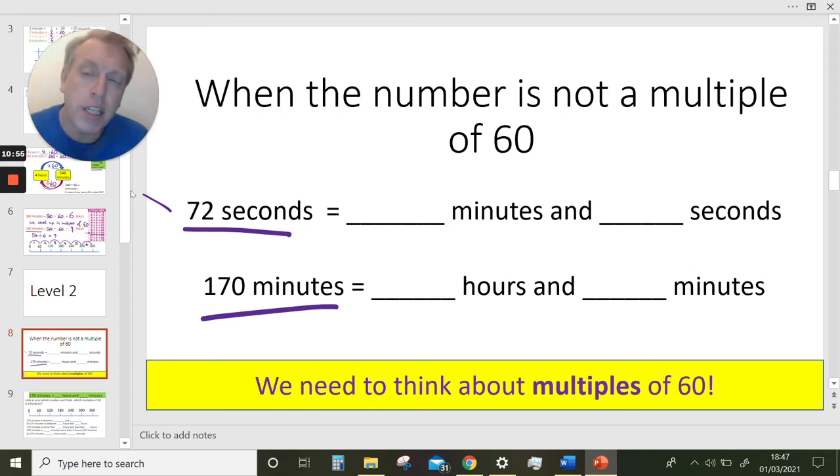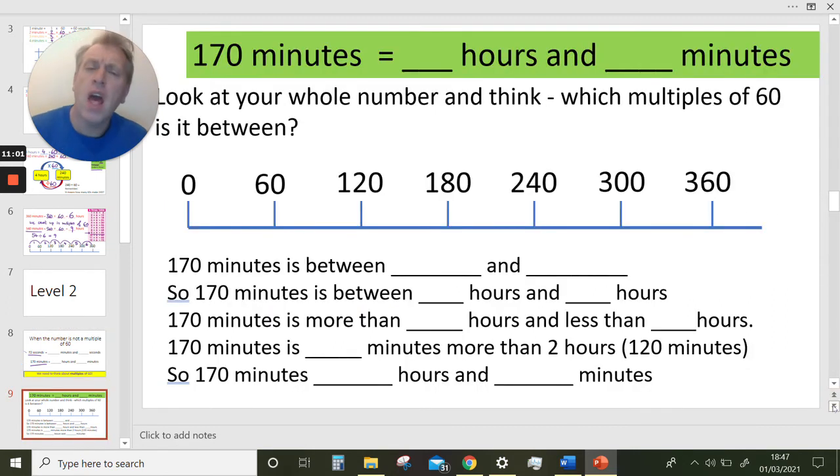So we still need to think about multiples of 60, but we'll find that we've also got a remainder. And I would suggest trying to think about it like this. You might want to draw this out on your paper, or just think about it like this in your mind.